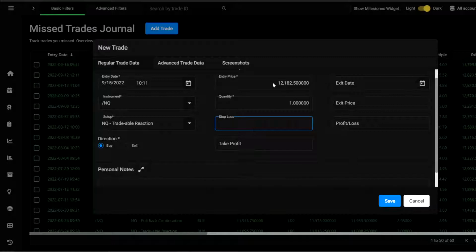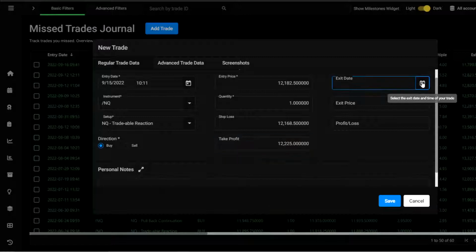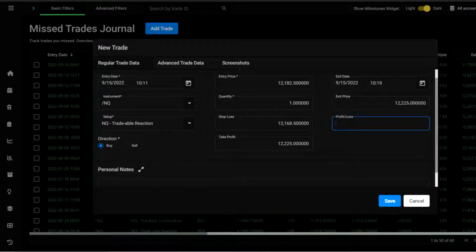Stop would be 12,168.50, and the profit target is 12,225. And the exit would have been 10:19, at 12,225, and the profit, which is not relevant, but the platform just asked for it.